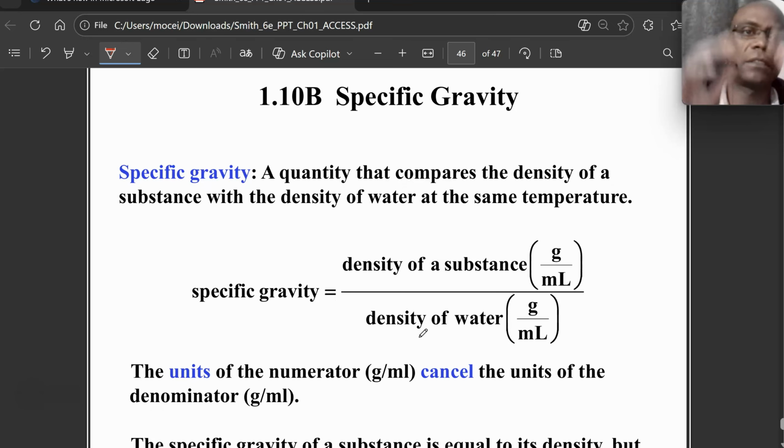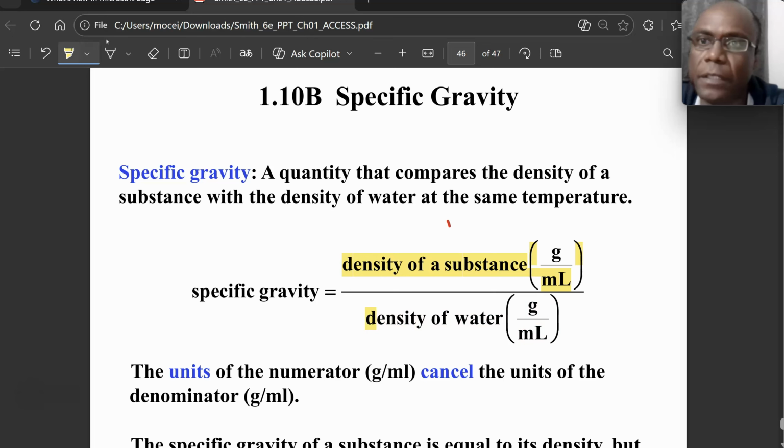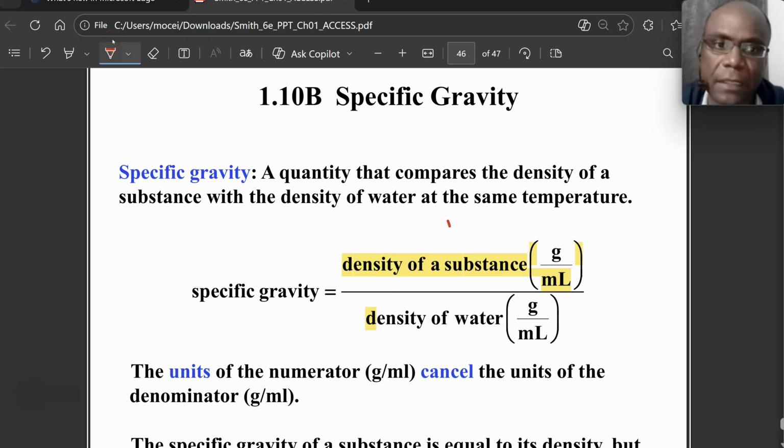Now, since we know what density is, we can relate it to specific gravity. Specific gravity is simply the density of a substance, if known, divided by the density of water. Usually the density of water, I think at 25 degrees, because it changes with temperature, is 1 gram per ml. That's the density of water.